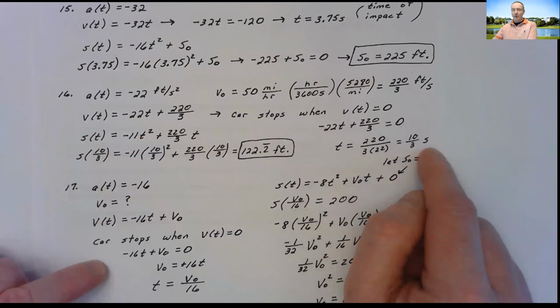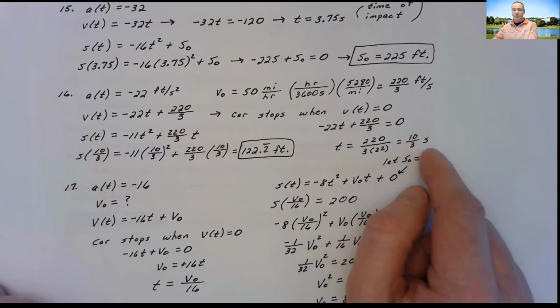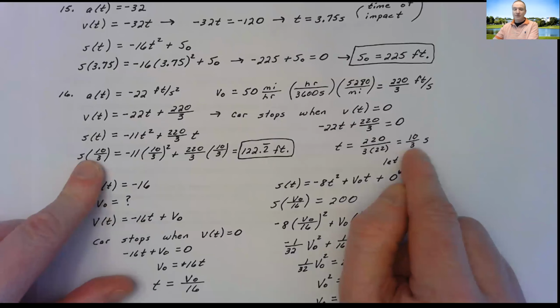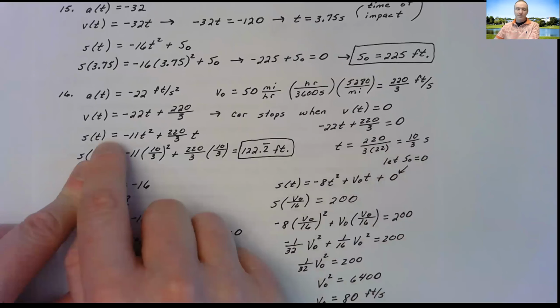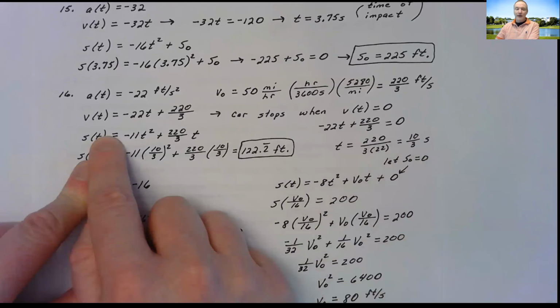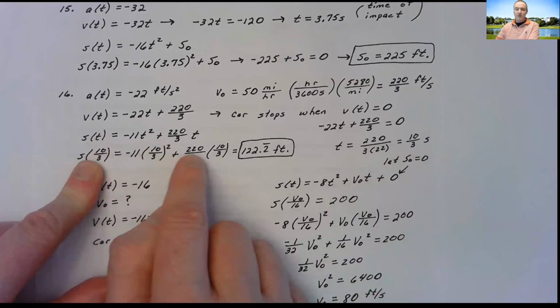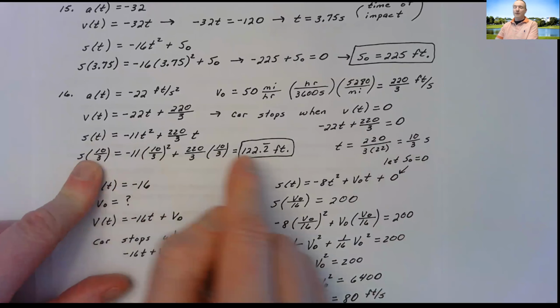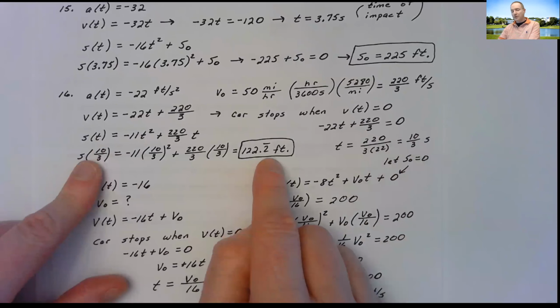So 3 1/3 of a second is how long it takes to come to a stop. So this stopping distance, how many feet did it travel before it came to a stop if it took 10/3 of a second? You plug that into your position function. Negative 11 times 10/3 squared plus 220 over 3 times 10/3. Put that into your calculator and you'll get 122.2 repeating.